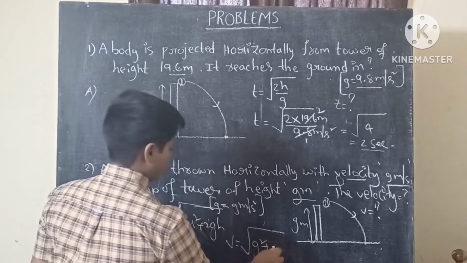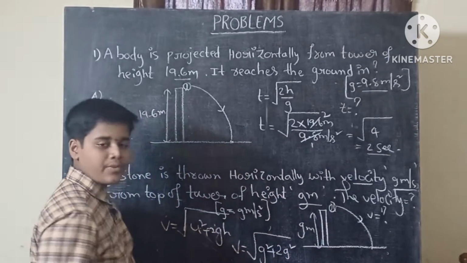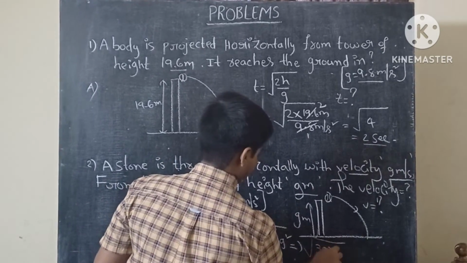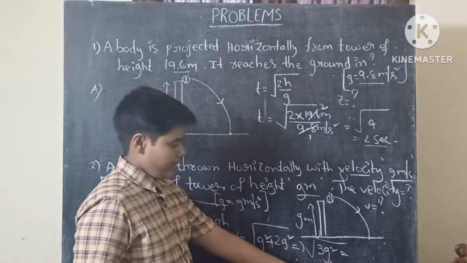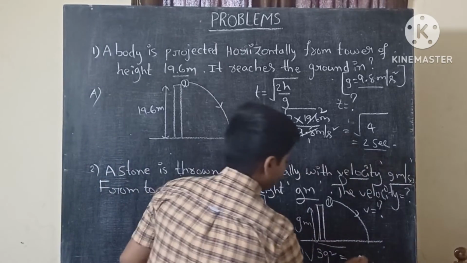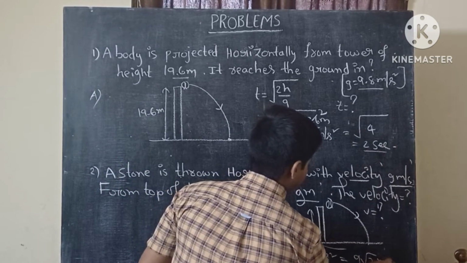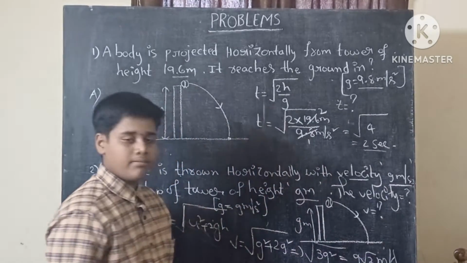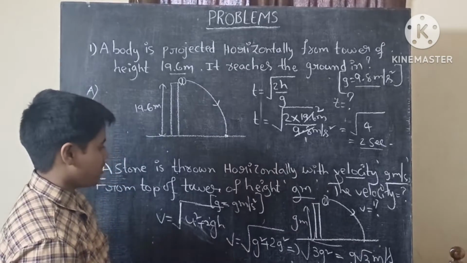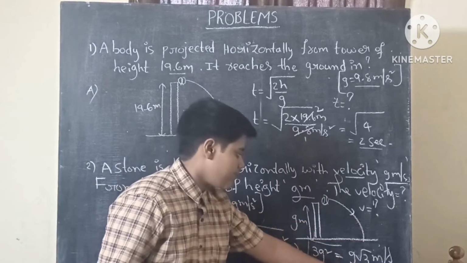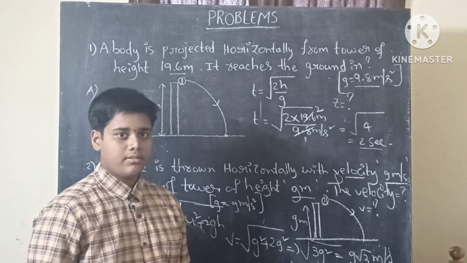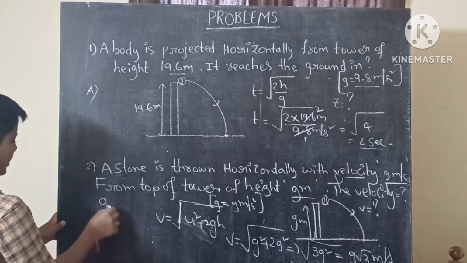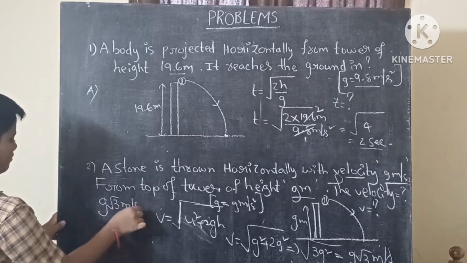So 2 into g means 2g square. This is nothing but root over 3g square, which, if we take g outside, is g root 3 meter per second. So this is the velocity. This is the second question. Here they are asking to find the velocity, so I am writing g root 3 meter per second.